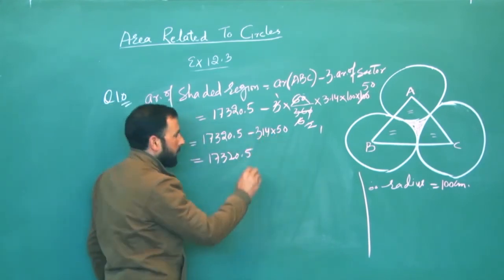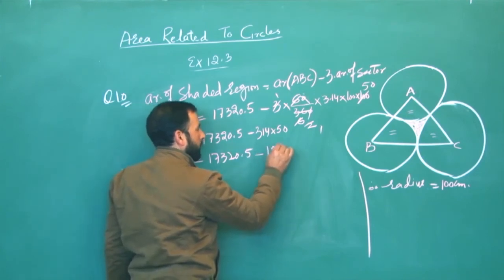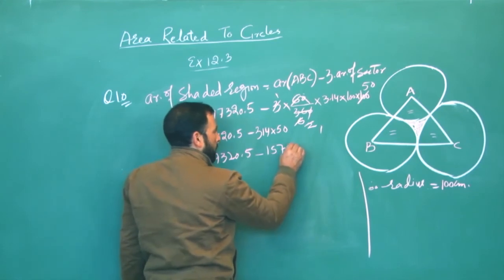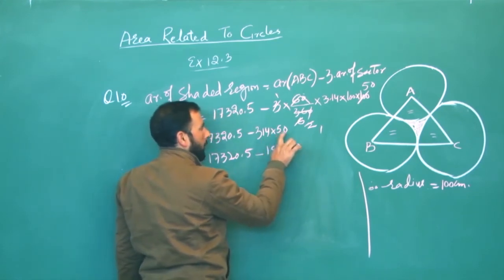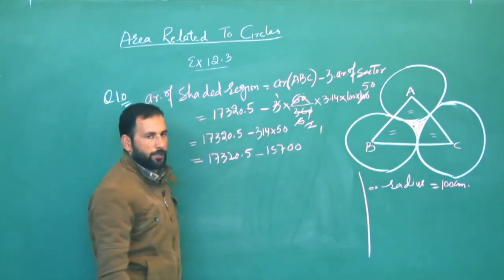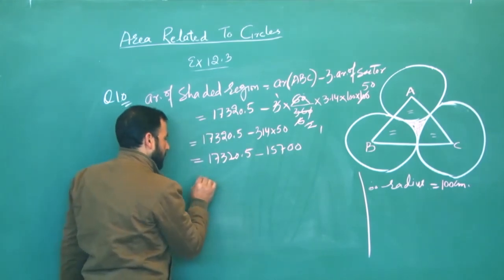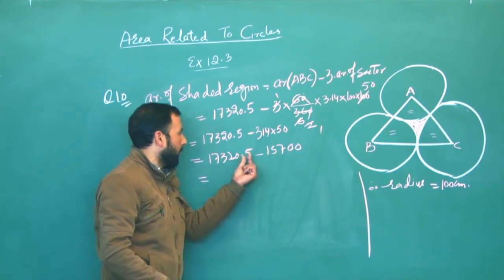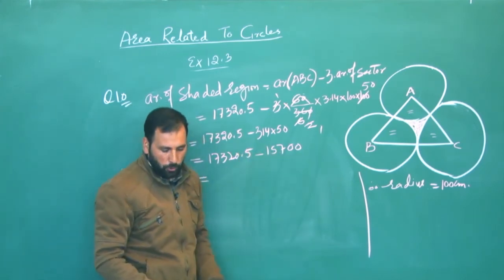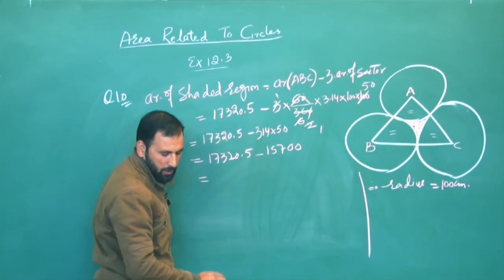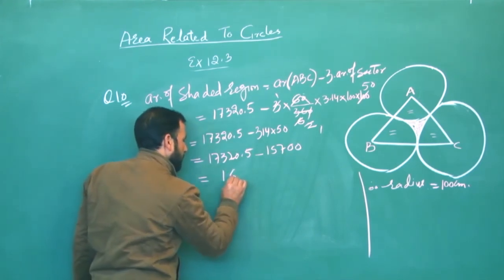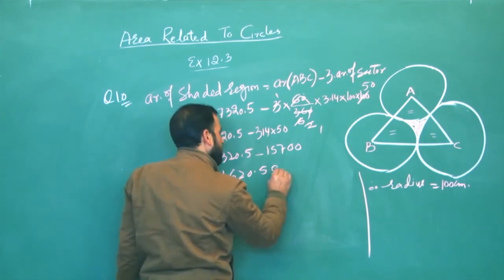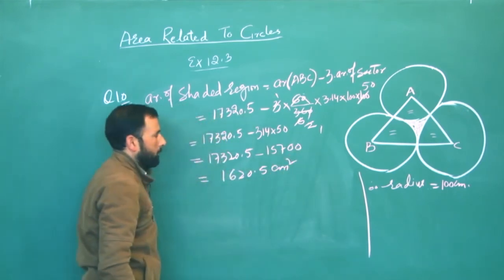When you multiply 314 into 50, you get 15700. Then after taking the subtraction 17320.5 minus 15700, we get here 1620.5 square centimeter is the area of the shaded region.